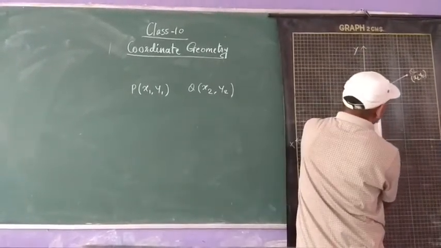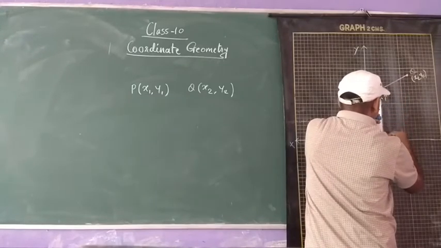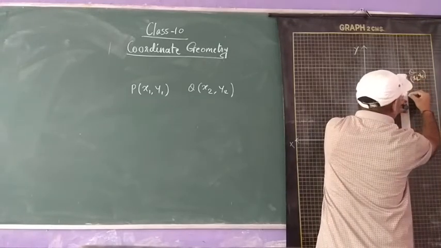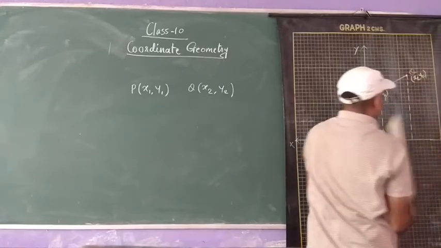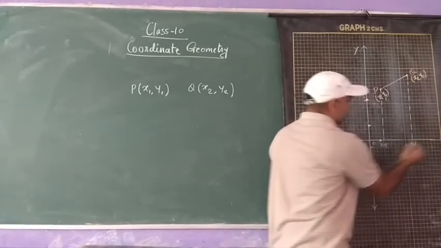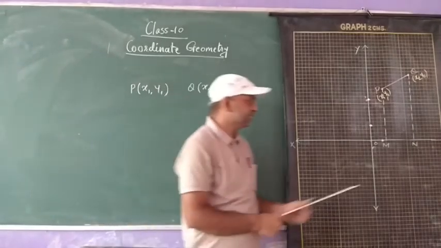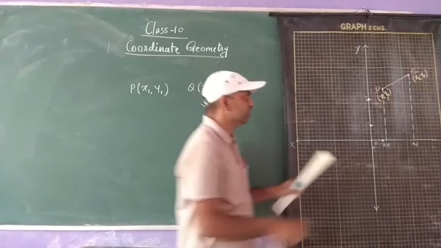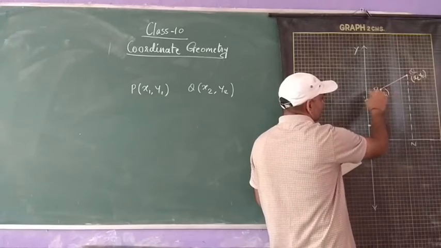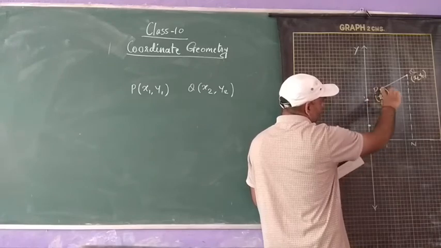So just draw perpendicular lines from P like this, and from Q, on the x-axis. Suppose these points are M and N. Now, can you say what are the coordinates of M and N? See, this distance is y1.